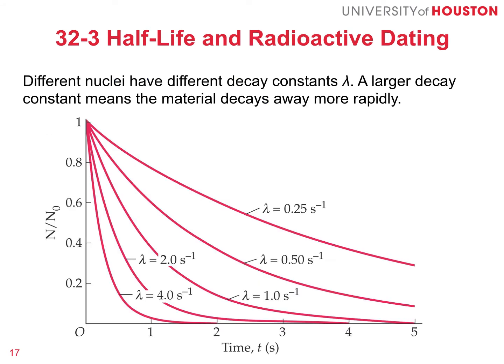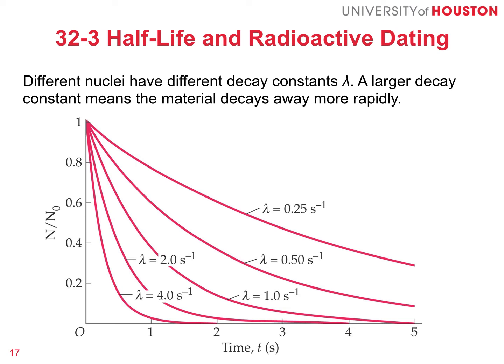Different nuclei will have different decay constants, which is lambda in the previous equation. Lambda controls essentially how quickly a nucleus will decay. The bigger this is, the less time it takes for a certain number of nuclei to decay. We have a graph on the bottom where we have the number of nuclei that haven't decayed over the initial number versus time.